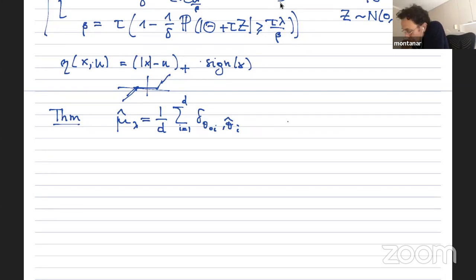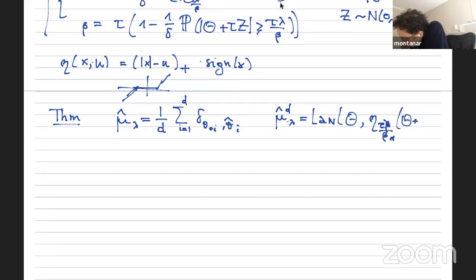On the other hand, let me call mu d lambda the law of theta and eta of tau lambda over beta star applied to theta plus tau z.